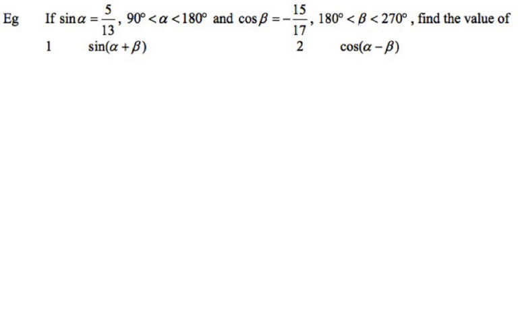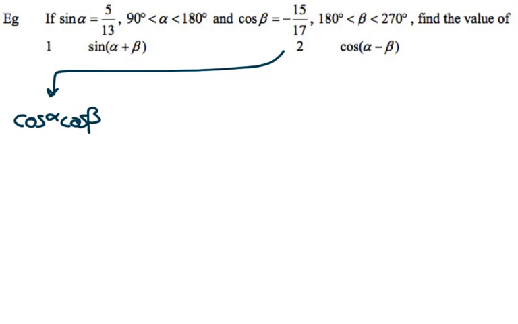Question 2, a little bit easier to deal with since we've actually done a bunch of the legwork for it in question 1. So we need to find cosine of A minus B. We'll look at the formula sheet. That is cos A cos B plus sine A sine B. We have all 4 pieces of information, so we can just go and plug in.